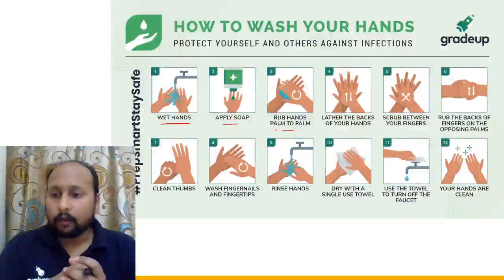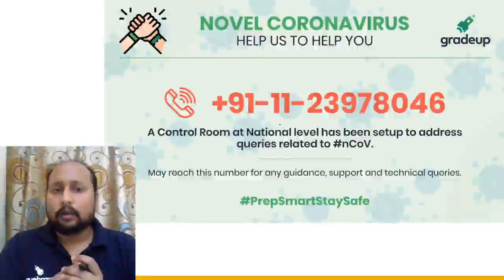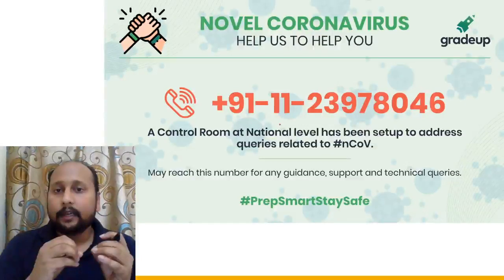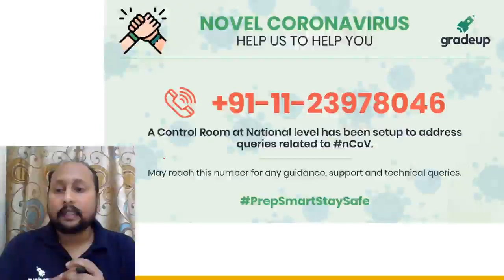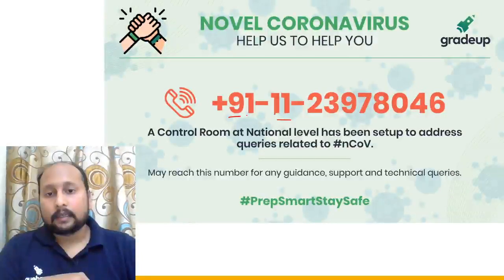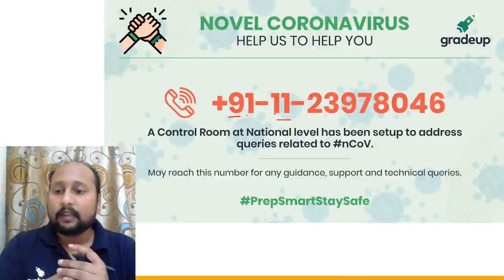As you all know, COVID-19 is one of the most deadly viruses, now affecting globally. So we all need to stand together to fight against this virus. For that, there is a helpline number given by the Government of India, +91 11 23978046. Is that clear?